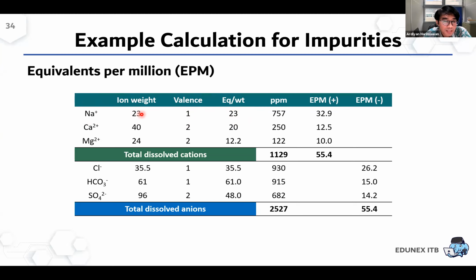So like this one, Na and Mg, the molecular weight, the ion weight is similar, right? Like around 23, 24, but the valence is different. That's why the equivalent weight will be different. It's like counting the mass of each electron that they have.